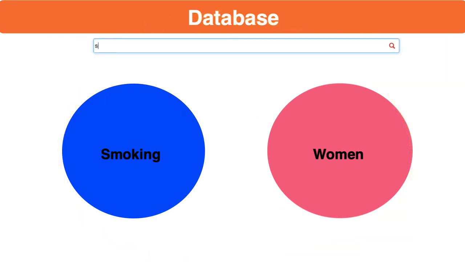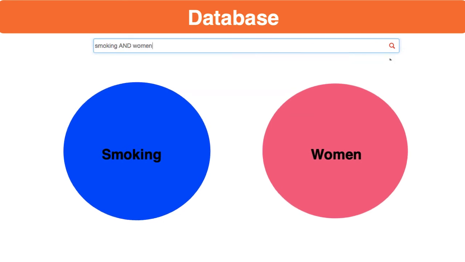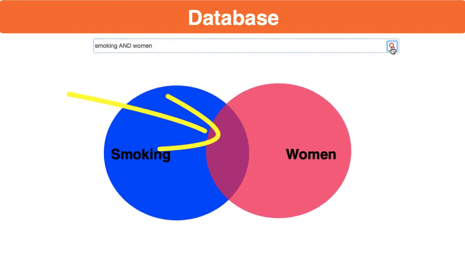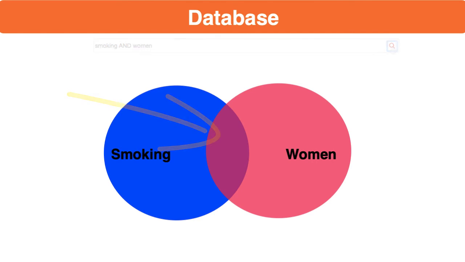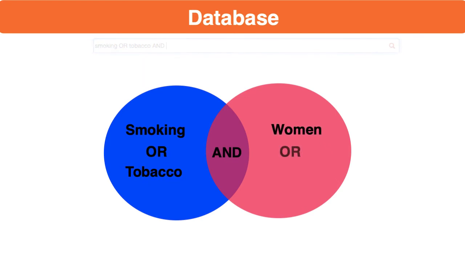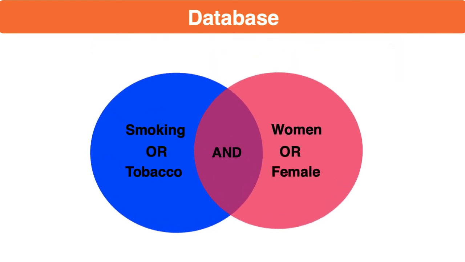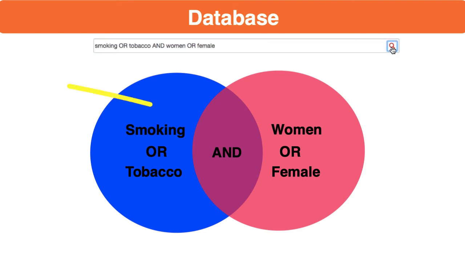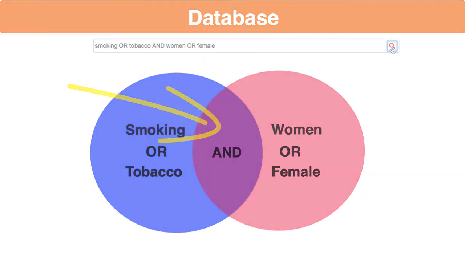A search for smoking and women will return only the items represented by the purple area that have both of those terms. So using the search statement smoking or tobacco and women or female will expand the search by allowing for different words to represent each concept while still only returning the items in purple that contain both concepts.